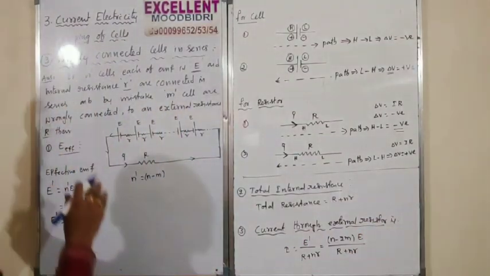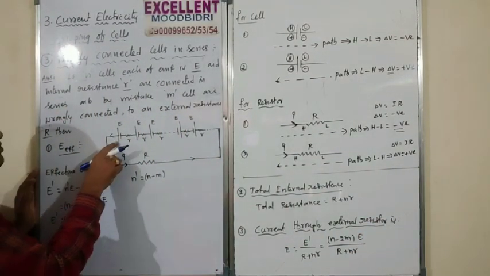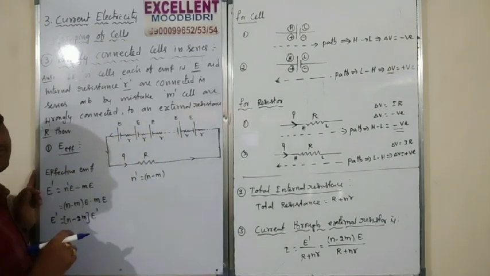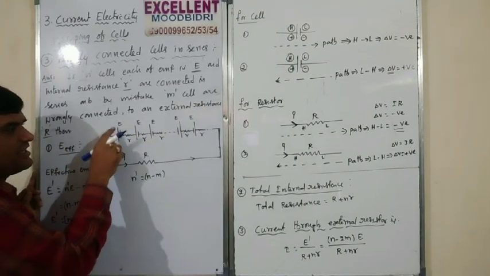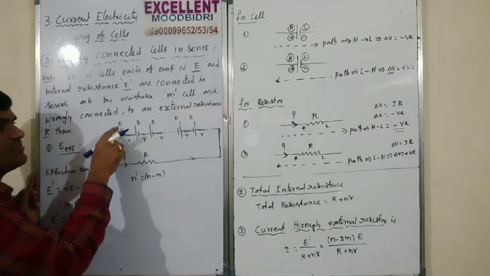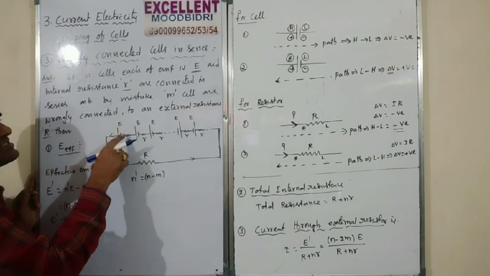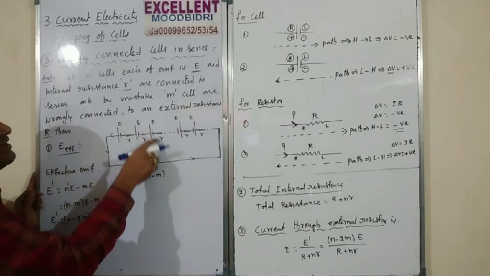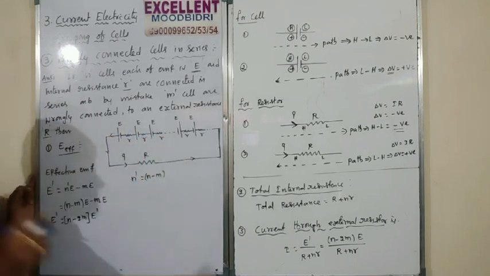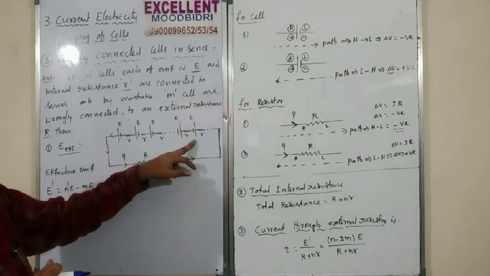Okay, so we are having n cells, 1, 2, 3 and so on to n. All are in series combination, positive negative, positive negative, positive negative. Each cell EMF is equal to E, each cell internal resistance is equal to small r. So n cells are there. By mistake, how many cells? M cells.